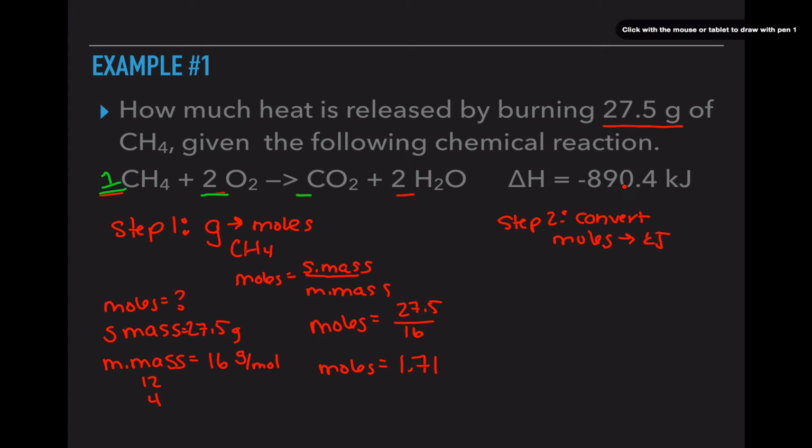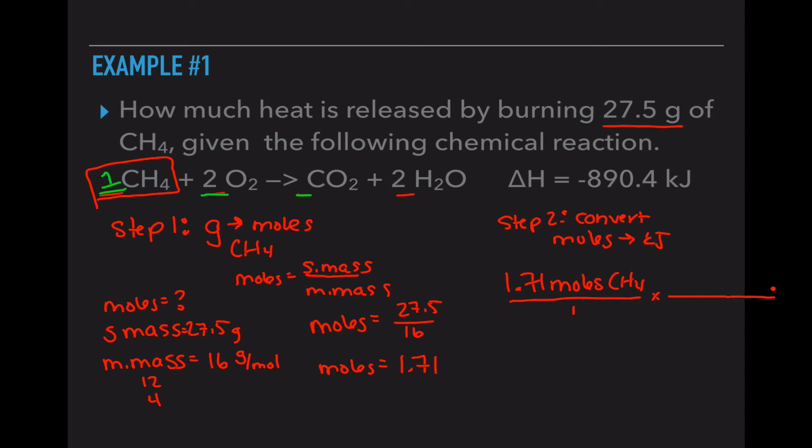So since it's asking for CH4, I'm going to use this first value. And I know I have 1.71 moles of CH4. So when I convert, I put that over the fraction bar with a 1 underneath. My second fraction bar is going to use the moles of CH4 in the equation and this heat value.